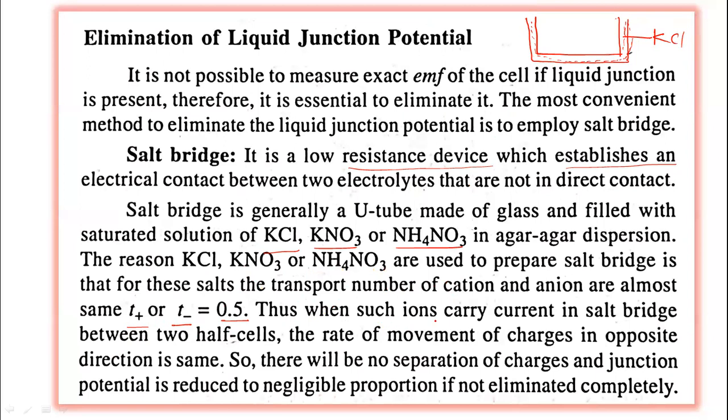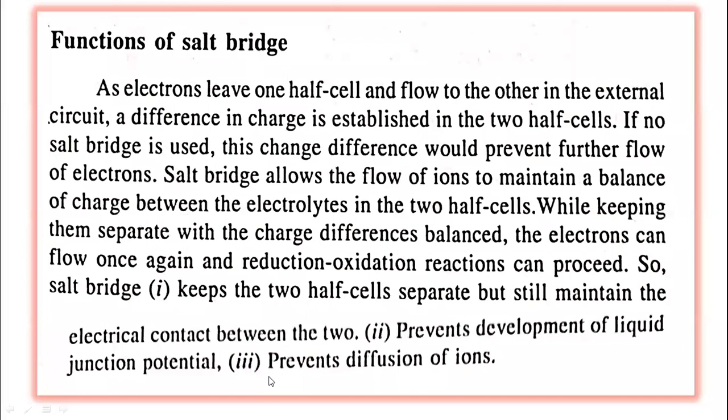When such ions carry the current in the salt bridge in the two half cells, the rate of movement of the charges in opposite directions is the same. So there will be no separation of the charges and the junction potential is reduced, eliminated. In this way, liquid junction potential can be eliminated with the help of the salt bridge.